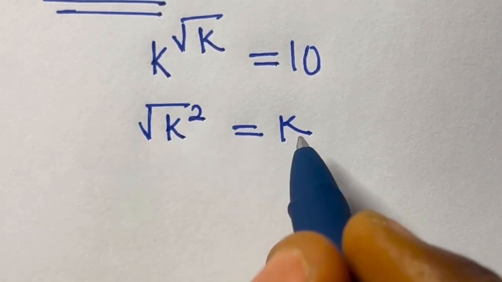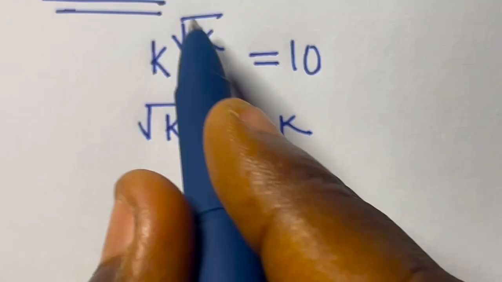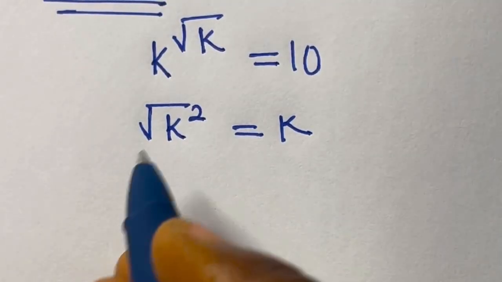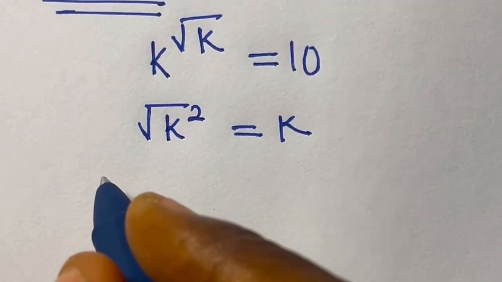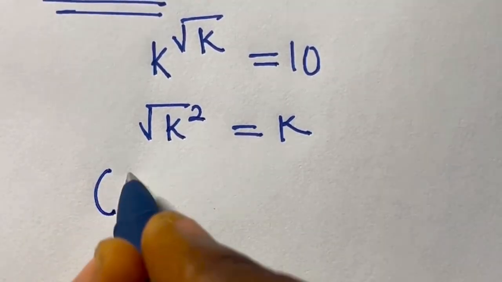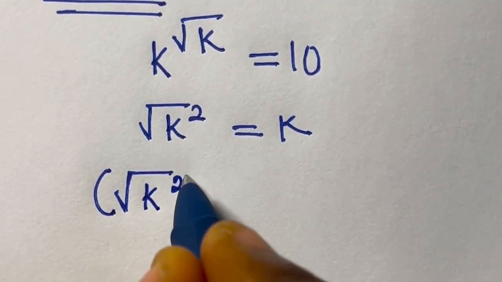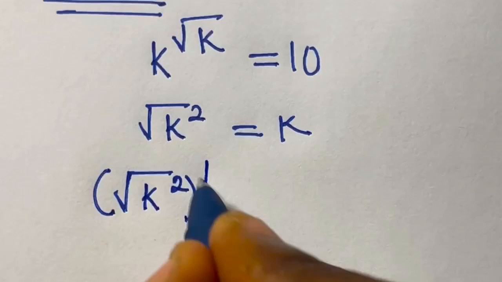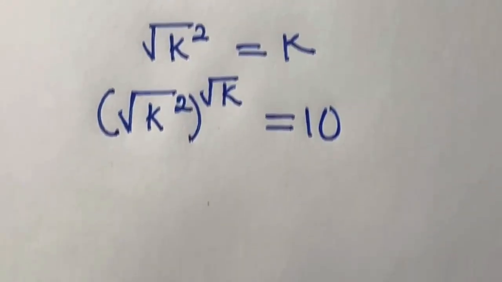So we can replace this k with square root of k squared, all right, then raised to power square root of k, so equals 10.